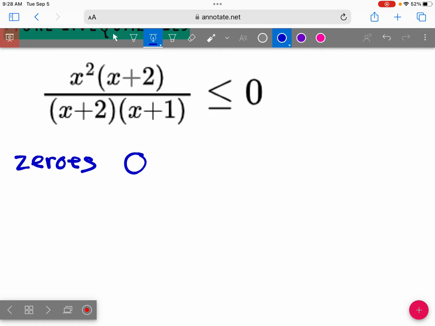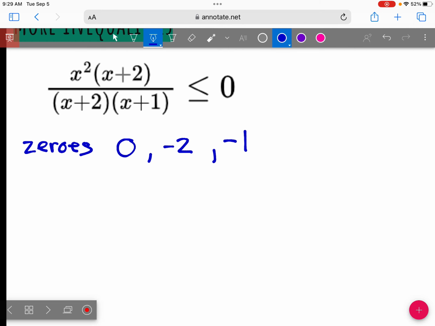When is this piece equal to 0? When it's negative 2. When is this piece equal to 0? When it's negative 1. Told you, they look really scary, but it's the exact same process.